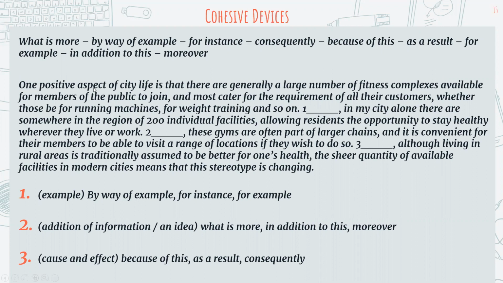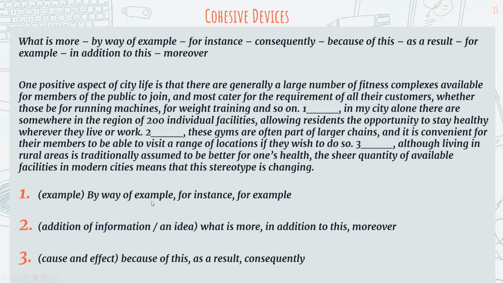Anyway, one positive aspect of city life is that there are generally a large number of fitness complexes available for members of the public to join, and most cater for the requirements of all their customers, whether for running machines or weight training and so on. And here we have the first gap.